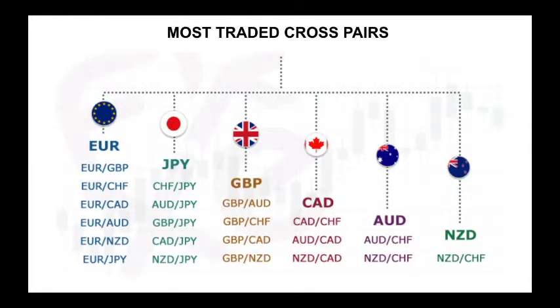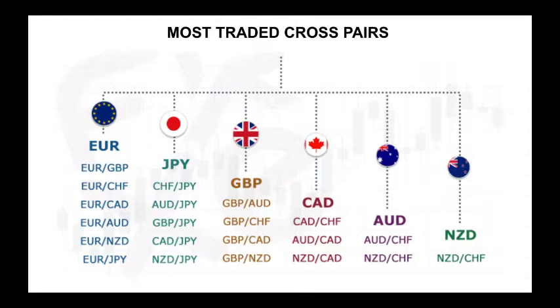Now, apart from the majors, there are also cross pairs. Cross pairs are pairs that don't have the US dollar in them.